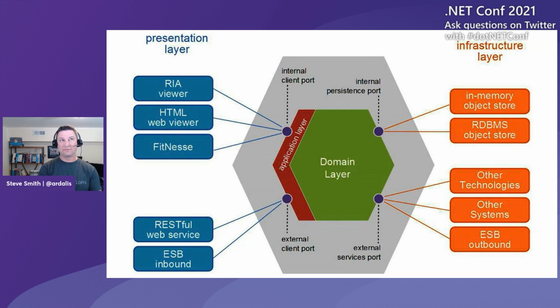So on the left, you've got different ways that you could plug into the application layer with different UI implementations. And on the right, you have different ways that you might plug in different persistence mechanisms or different ways to talk to other systems through APIs or something of that nature. And so the idea here is that you have a plug and play model for your architecture that lets you swap out the pieces and how they talk to that core application model.